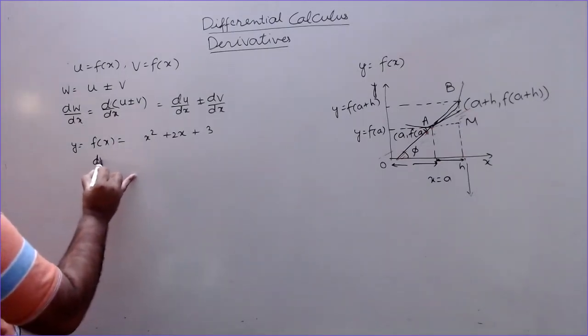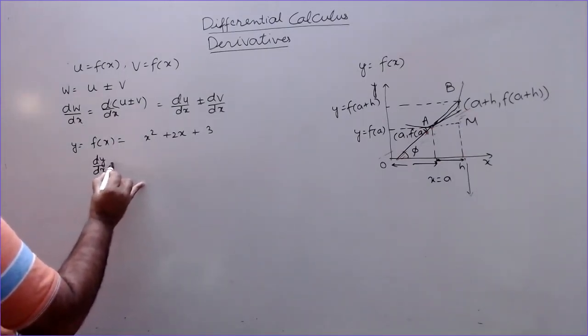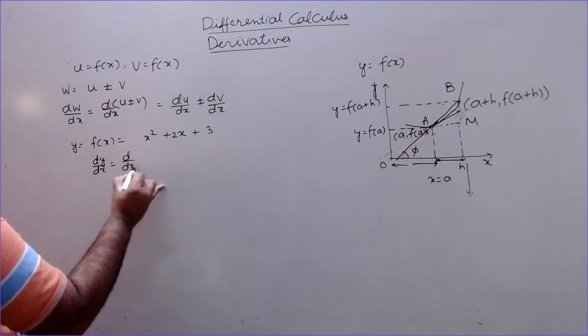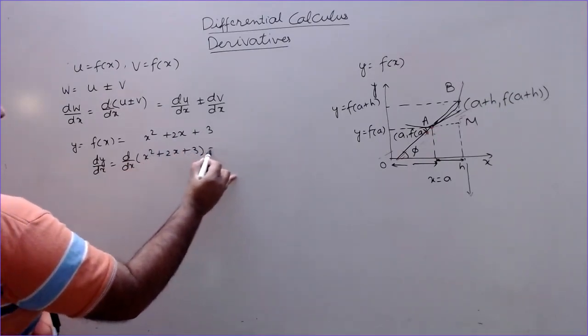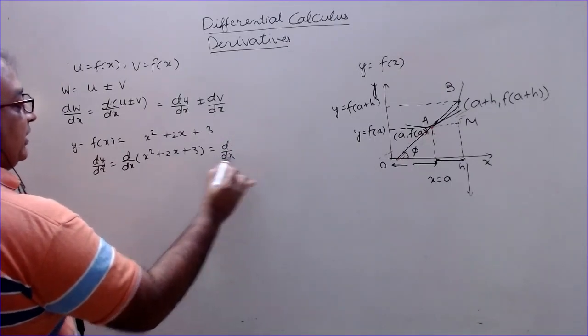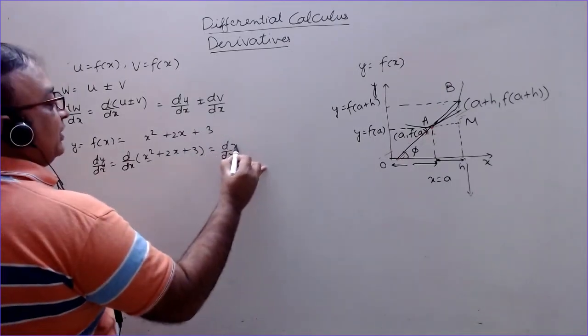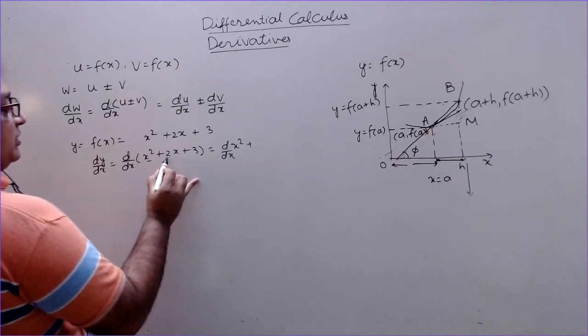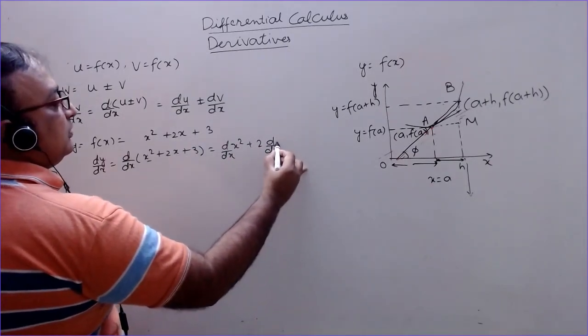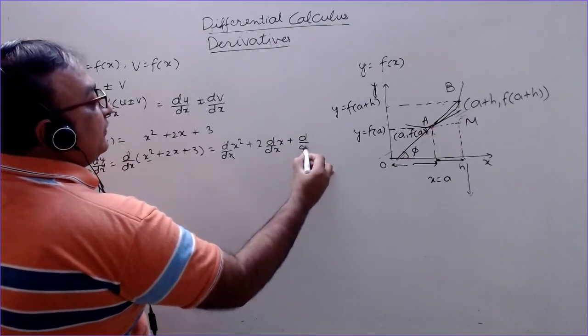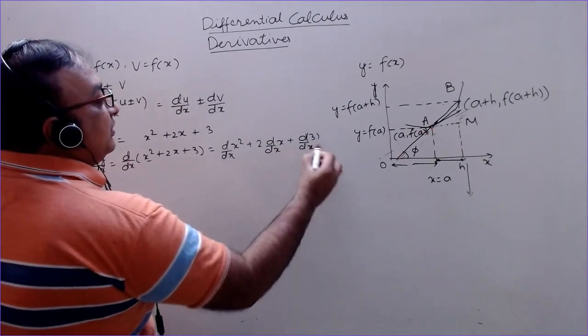I have to find dy by dx. So dy by dx of x square plus 2x plus 3. That is d by dx of the first function x square, plus the second function multiplied by a constant, so I will write the constant separately, plus d by dx of a constant function 3.